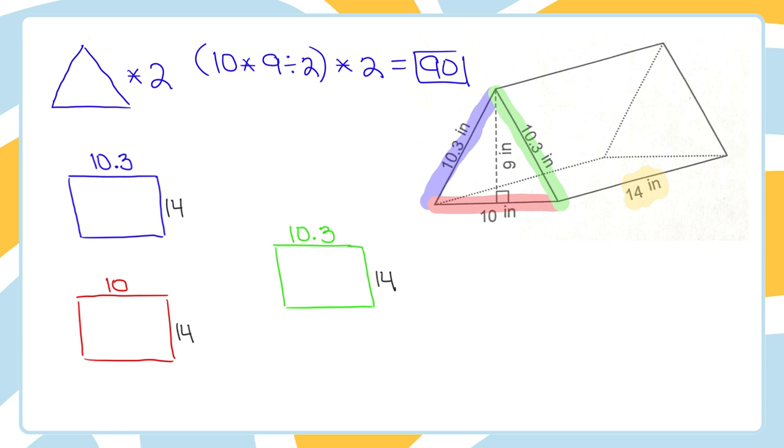And now we're going to go through and find the area of all 3 rectangles. I have a question. So, you do the area for each one of them, and then you add that 90 in the other. Yes. Do you get this? I think so. Let's math it real quick. The area of our first one, on mine I've got it blue, 10.3 times 14 is what area? 144.2.